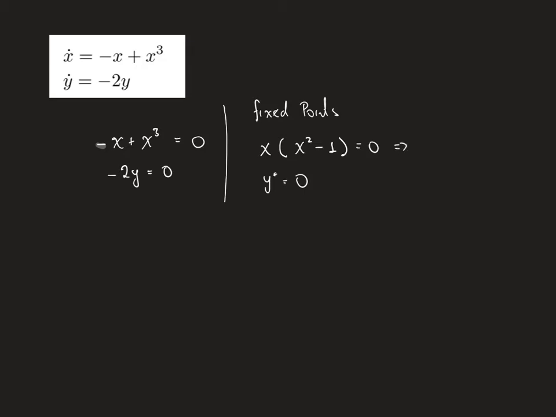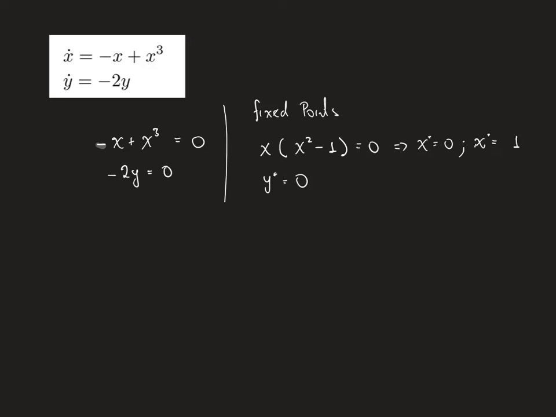Which leads to have a fixed point x star equal to 0, and the other one x star equal to what? Equal to 1. Is it correct?